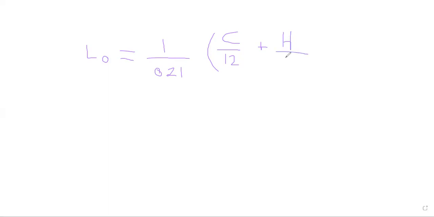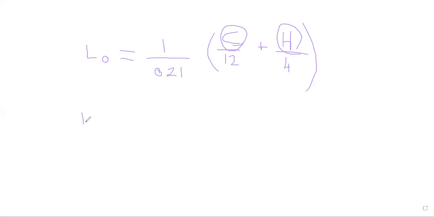So if I want to use this result here, my only challenge will be to get the percentage in mass of carbon and the percentage in mass of hydrogen in my fuel. And to get them, I should say, first, what do I know?